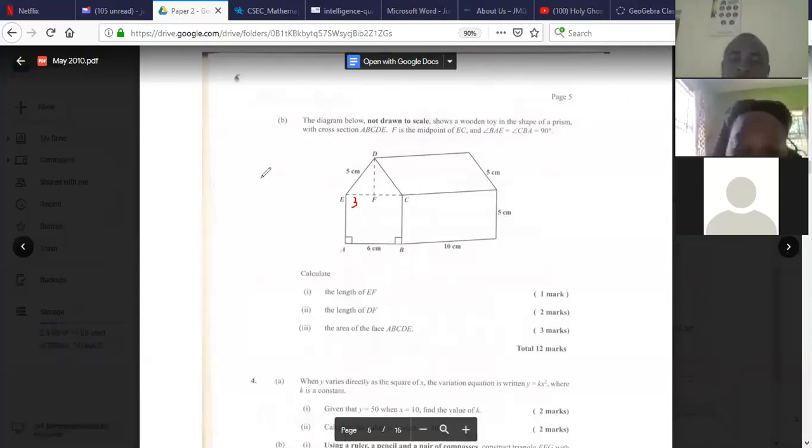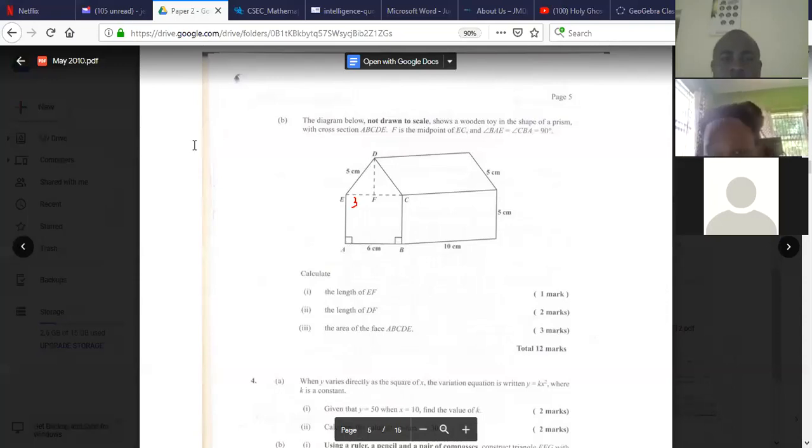There is a relationship called Pythagoras' theorem, right? Pythagoras' theorem says that the square of the hypotenuse in a right angle triangle, the longest side, is called the hypotenuse, right? This side, ED, is called the hypotenuse.